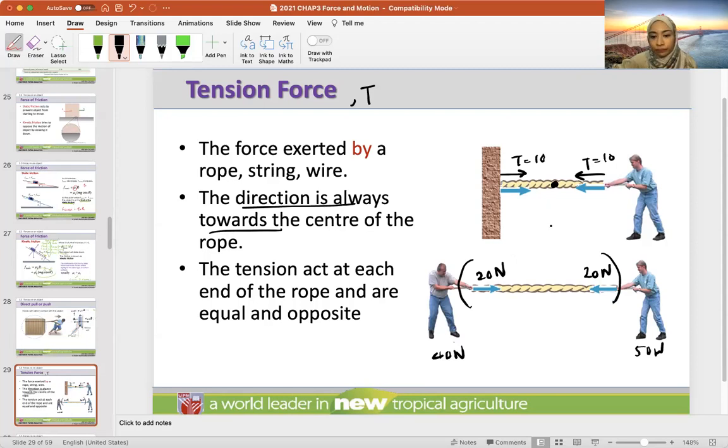It has to be the same, because it's basically the same thing, acting towards the center. So the tension must be the same, unless there is a branch here, then you have to divide the forces into components. But if it's just one dimension, then you would say, okay, the tension is the same.